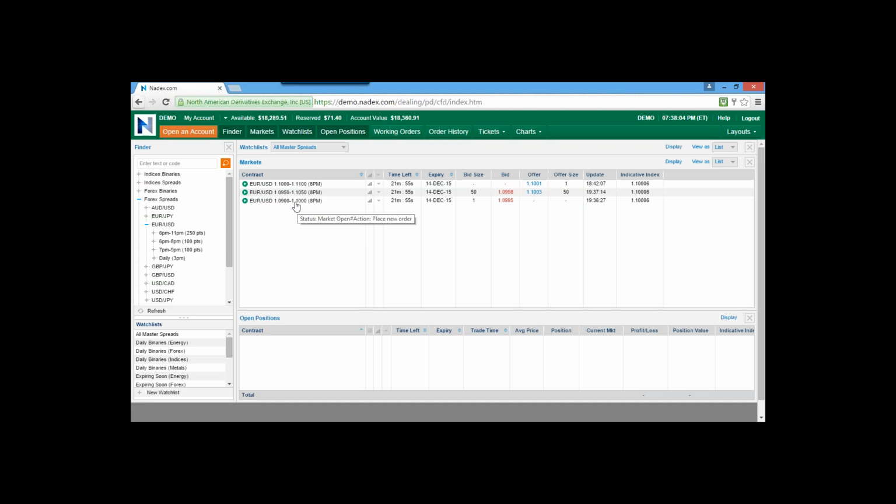They make a spread that has a ceiling of 1.1000 going down 100 points, right? Then there's also a spread with a floor of the same thing, with a floor of 1.1000 going up 100 points.